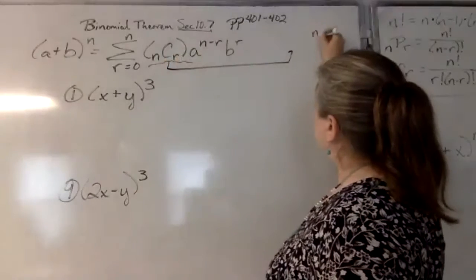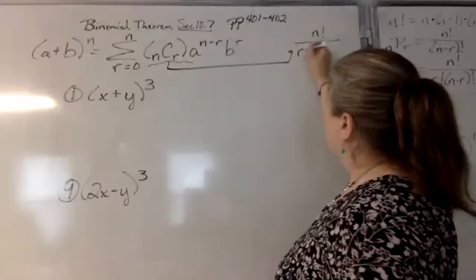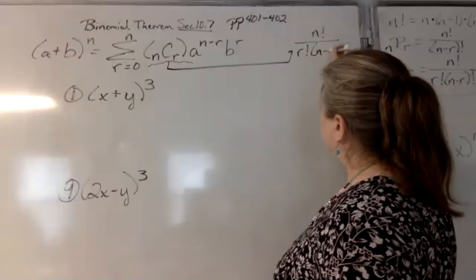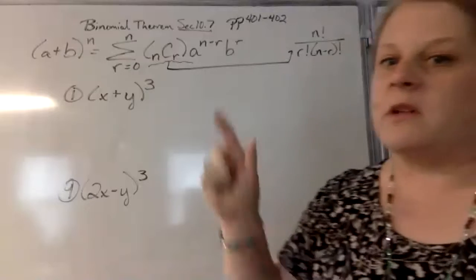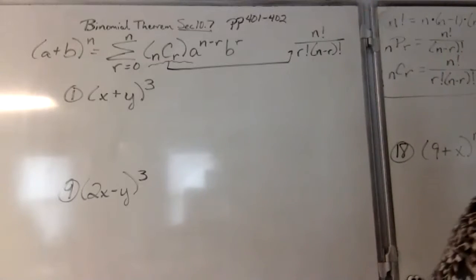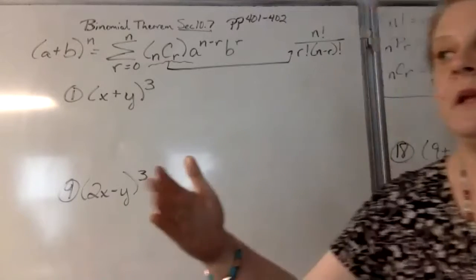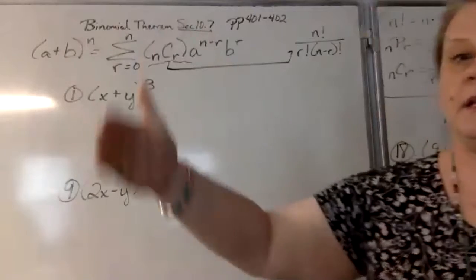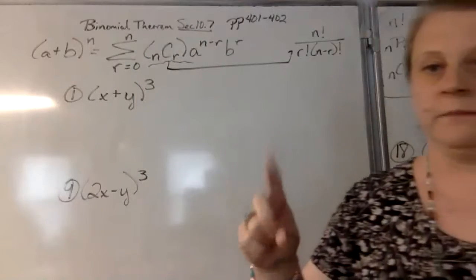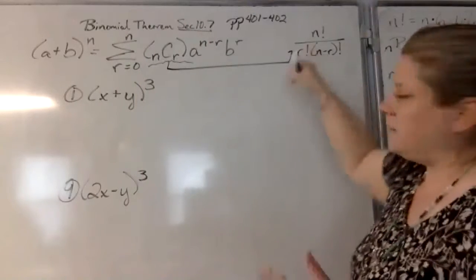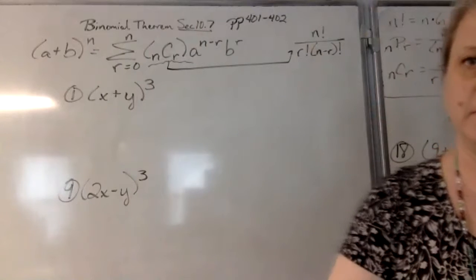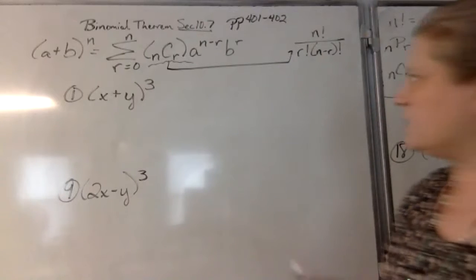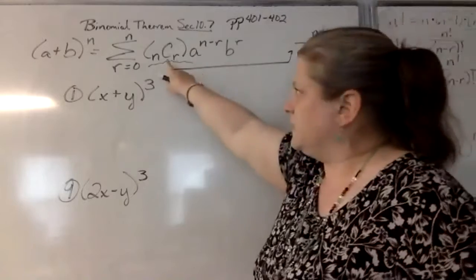It means n factorial over r factorial times n minus r factorial. And remember, those little exclamation points are read as factorial, and they mean you keep multiplying down till you get to 1. So if it was 8, it would be 8 times 7 times 6 times 5 times 4 times 3 times 2 times 1. Okay, so that's what that part is.